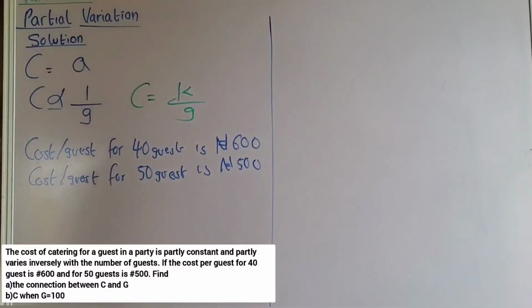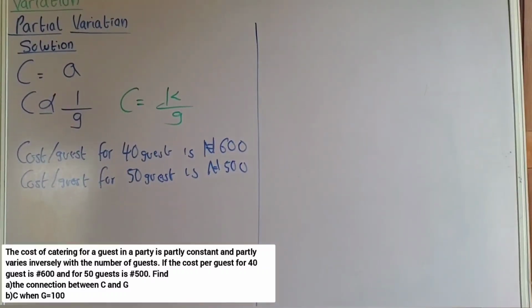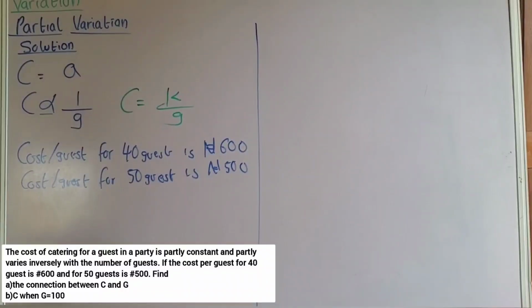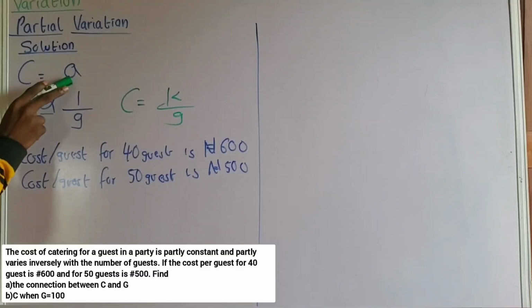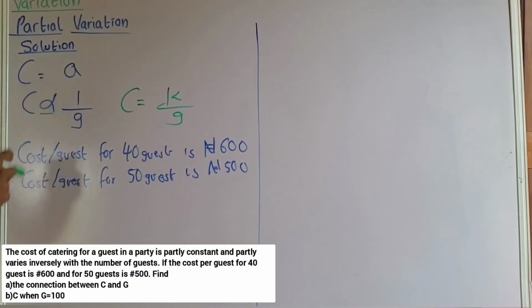You understand? Okay. Having gotten to this point, the next step is that you have to write a single expression for C. This is what I mean. Listen to the explanation again. Now, a part of C varies as a constant. We represent the constant as A because we don't know the constant.